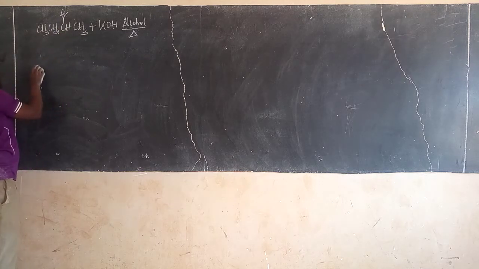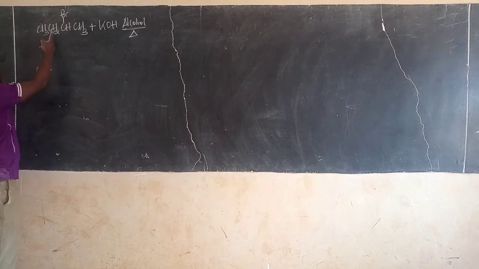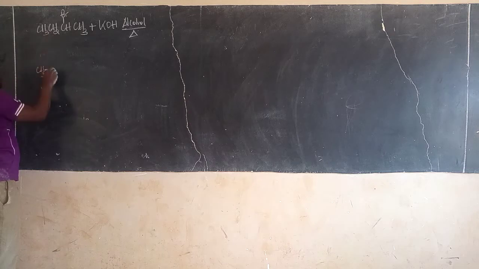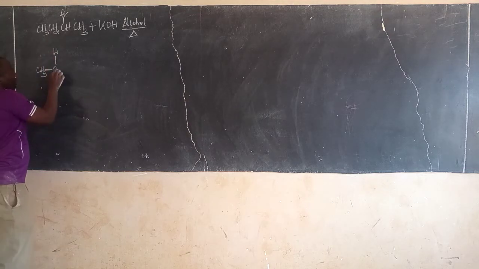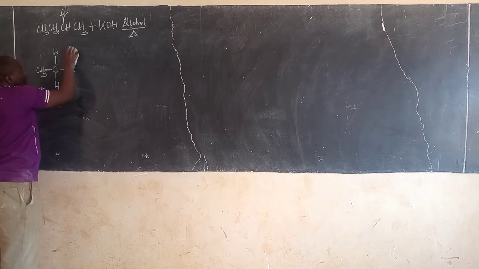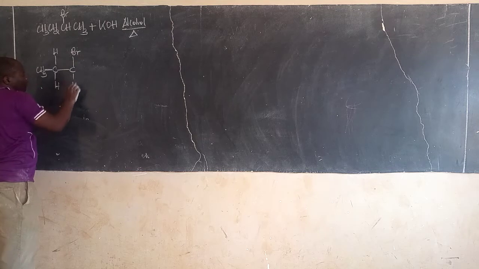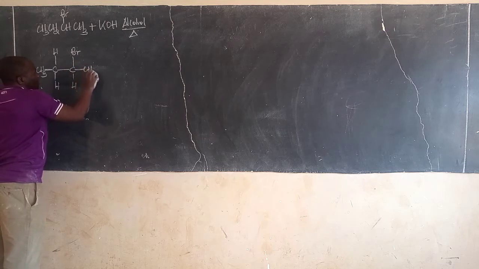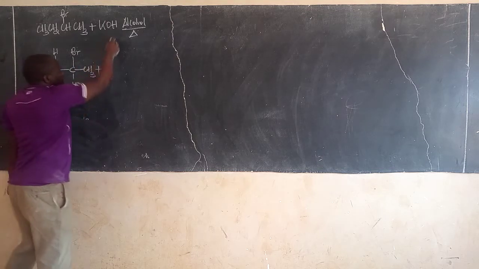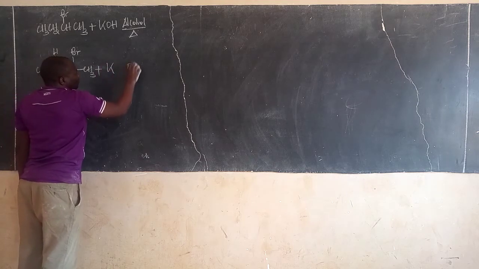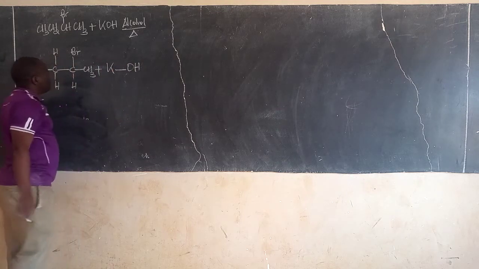So first of all, we must demonstrate. We are going to start according to the rule. We are going to start with this carbon because it has very few carbons, very few hydrogens. Here is CH3 plus potassium hydroxide.